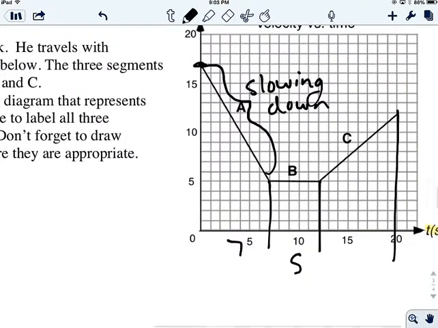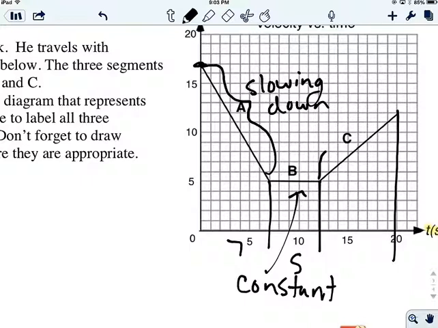Now B, it's flat, all right? So for B, flat means constant. And then for C, we see that it's going back uphill. So C is actually speeding up. Okay, so I need to reflect that in my motion diagram.